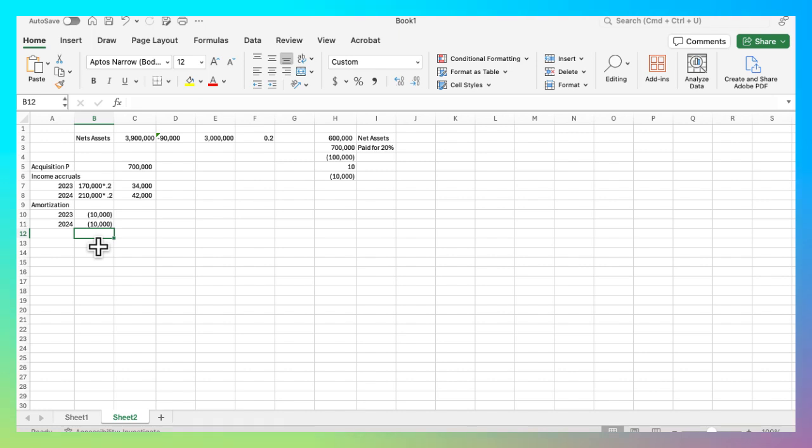Because remember, the objective of the equity method is to report the investment and investment income to reflect the close relationship between the investor and the investee, right? We're doing the same thing here. There's this close relationship we have, right? Because we overpaid, we have to amortize that overpayment. Here specifically, it was geared towards goodwill, or there was an issue of goodwill.